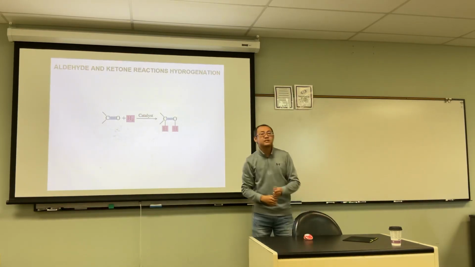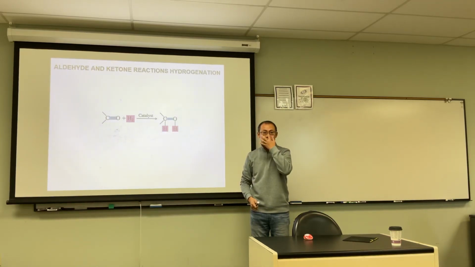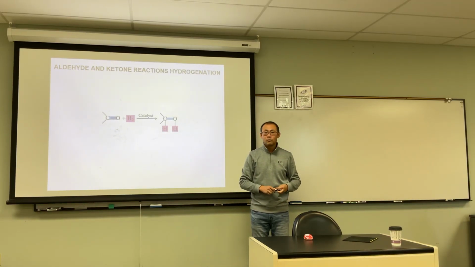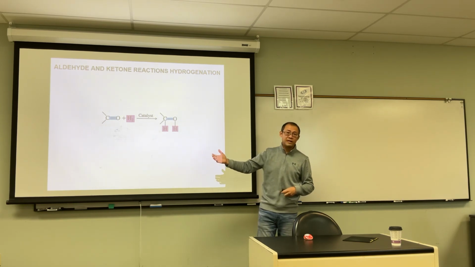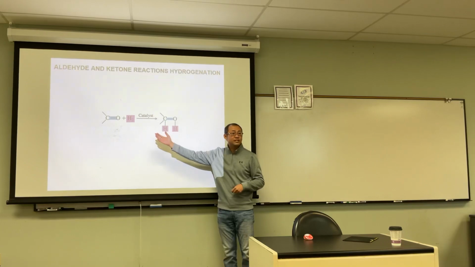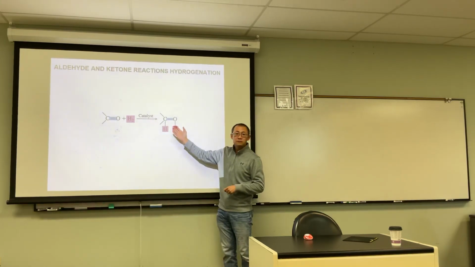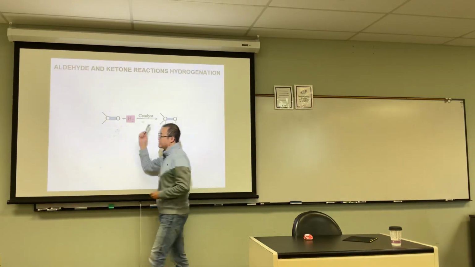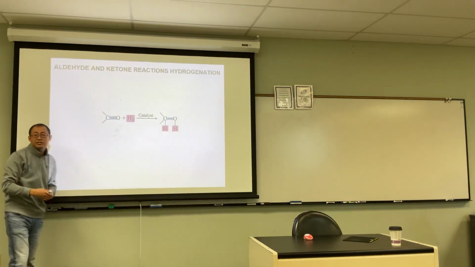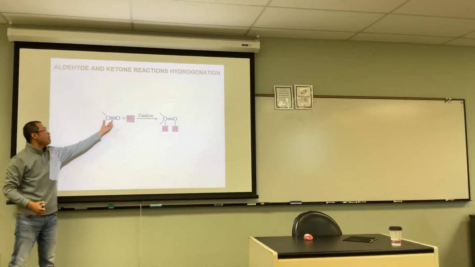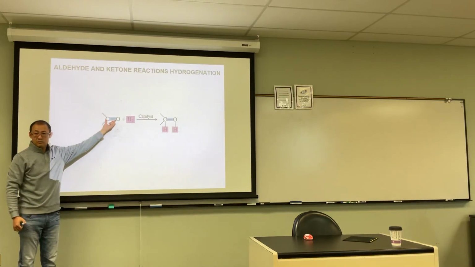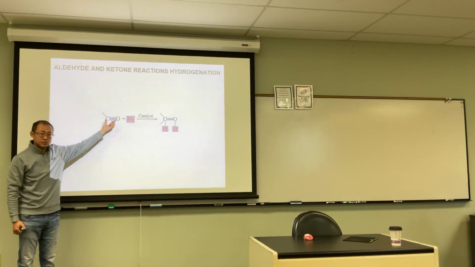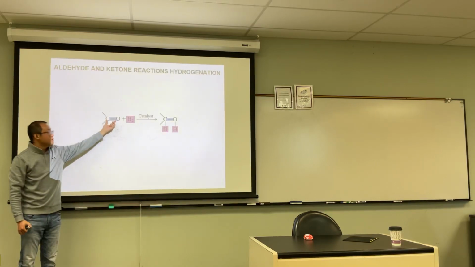The second reaction is hydrogenation, or we can call it reduction. The reason we call it reduction is because we know during hydrogenation we're adding CH bonds. Okay, we're adding CH bonds. So in this reaction, as you can see here in hydrogenation or reduction of aldehyde or ketones, the carbonyl group is what? Is hydrogenated, is reduced by what?